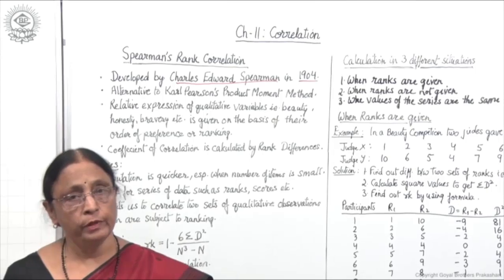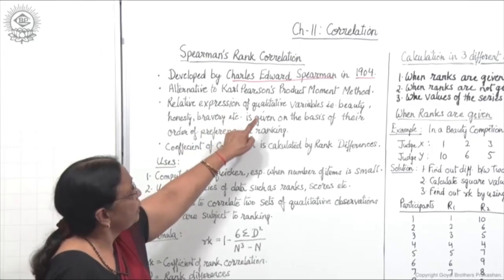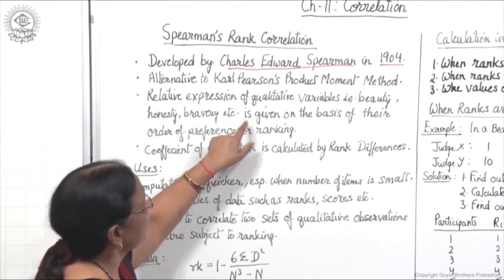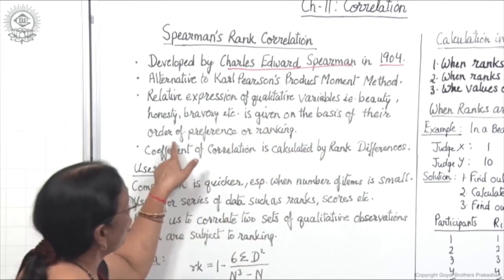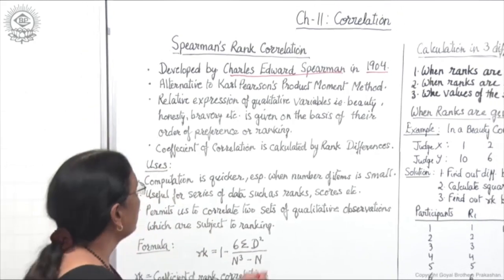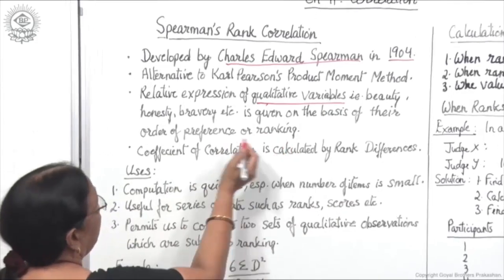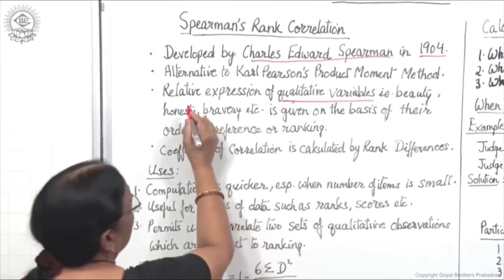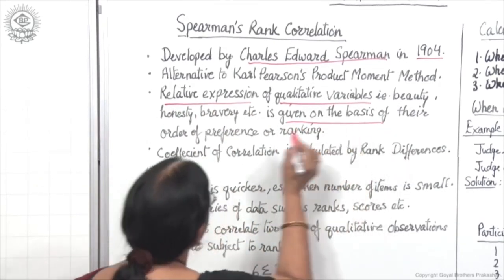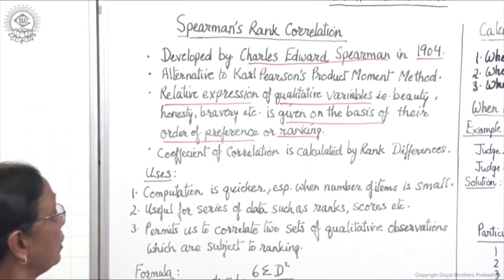types of variables. So the relative expression of qualitative variables, that is beauty, honesty, bravery, etc., is given on the basis of their order of preference or ranking, right?